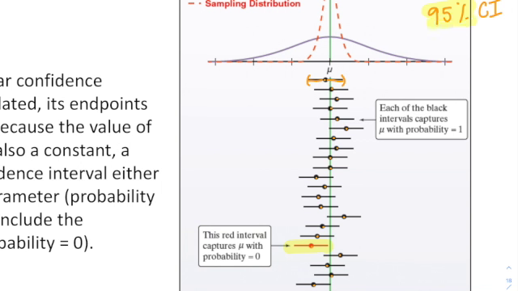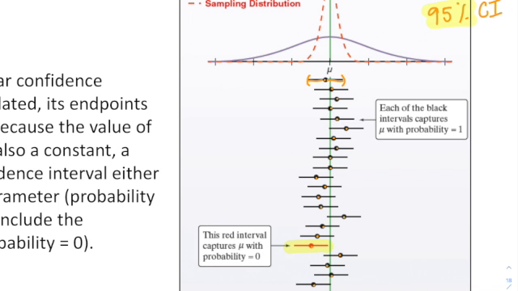So the 95% confidence level means that if you take many samples, or essentially all possible samples, so you create a sampling distribution, 95% of the intervals constructed will contain the population parameter. That means 5% will not contain it.